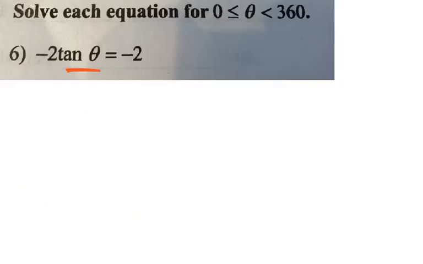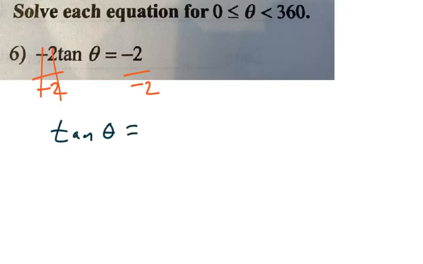Here we go. So how would I solve this? Well, you're going to solve this just like any other equation. The goal here is to get the tangent theta by itself, first of all. So couldn't we just simply divide both sides by -2? And therefore, the tangent of theta equals -2 divided by -2, which is +1.